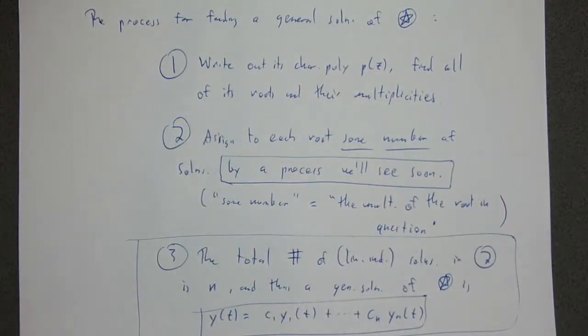One is going to be something more akin to bookkeeping, because you're basically going to be given the roots in some form. 3 is once you've got all these solutions assigned to each root and you've assigned enough of them, then you just form this linear combination. So that's pretty straightforward. This process that I'm talking about is really the meat of what's going on. All right. So how does this work?